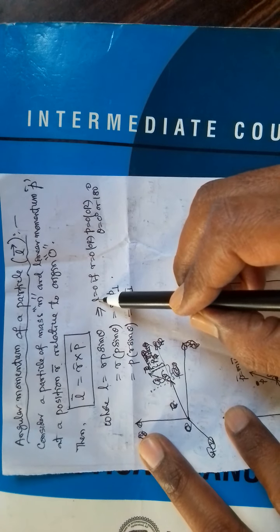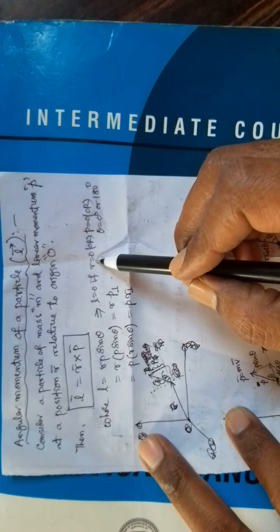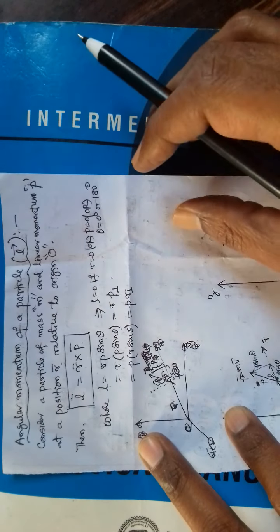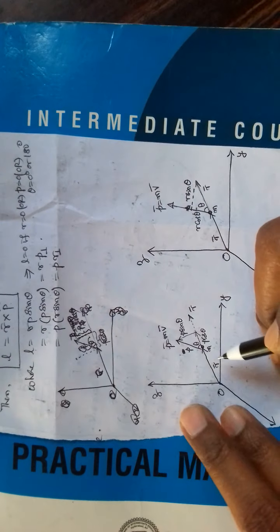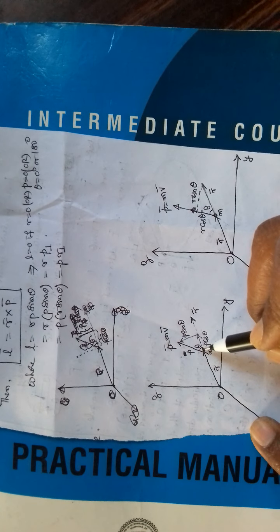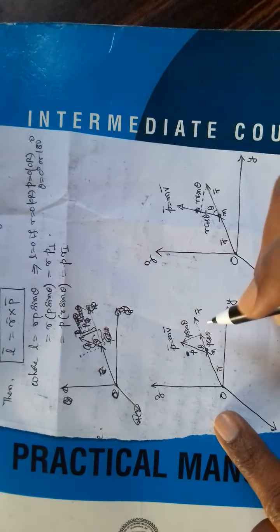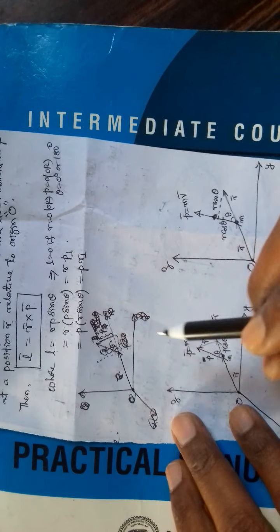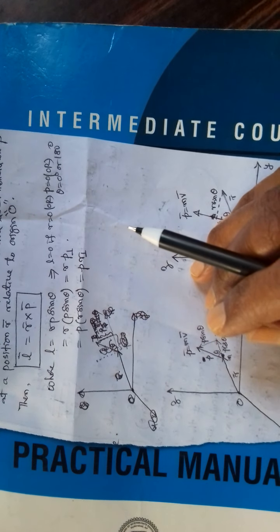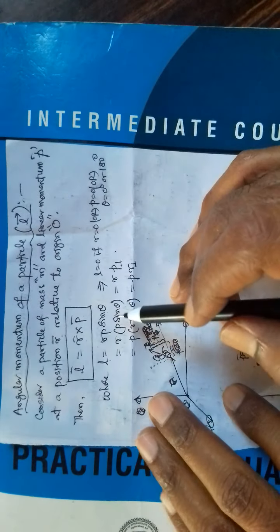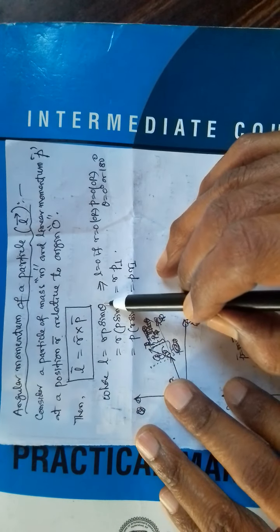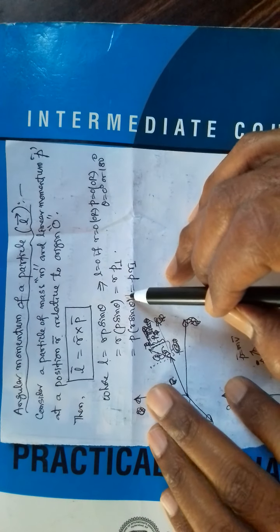Now see, L is equal to 0 if r is equal to 0. Let us see the diagram here. r equal to 0 means the mass particle will be at the origin. So then the angular momentum is zero. Here L is equal to r p sin theta, the magnitude of the angular momentum.